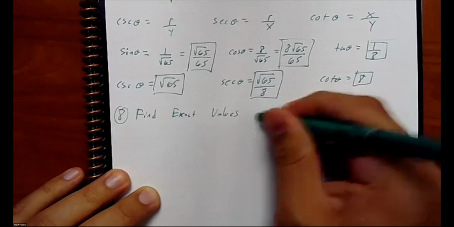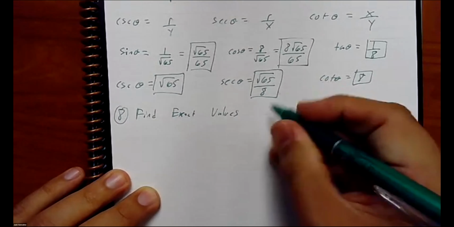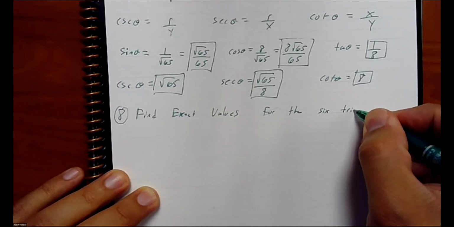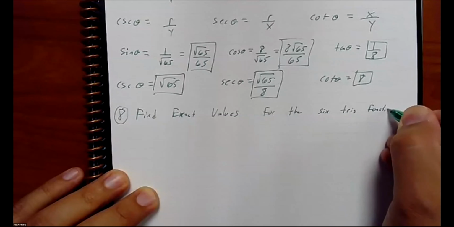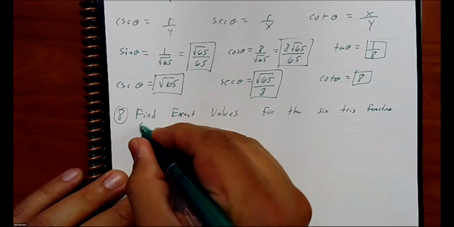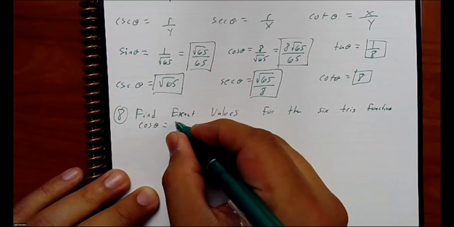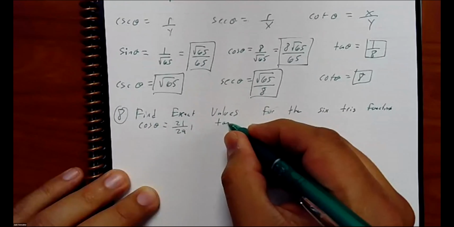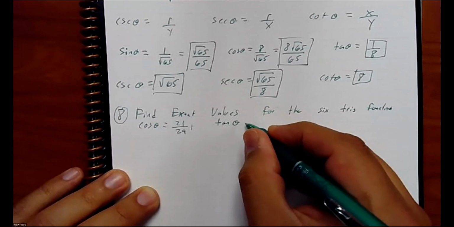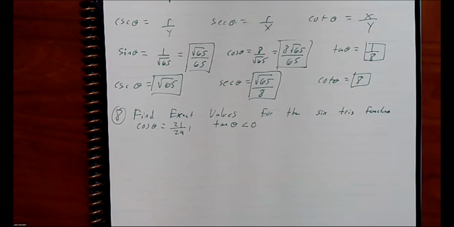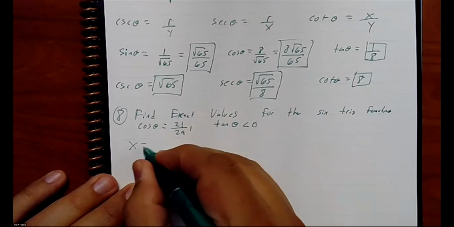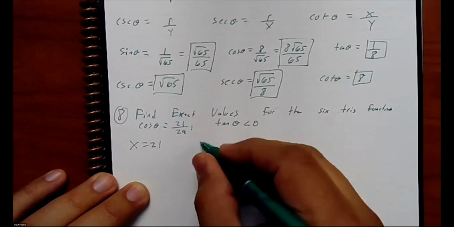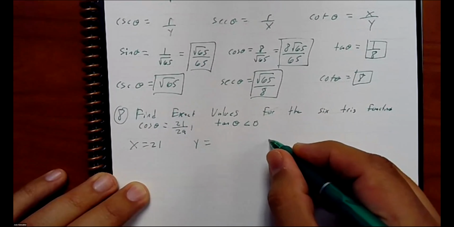Find the exact values for 6 trig functions. Okay, so this tells us that x is equal to 21. We don't know what y is. We do know that it is negative though.